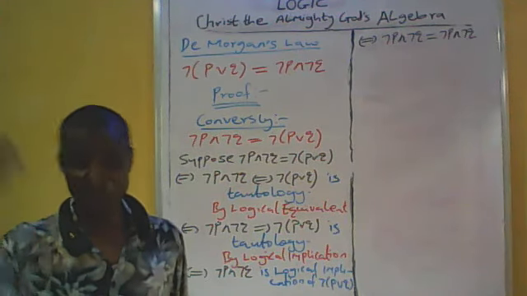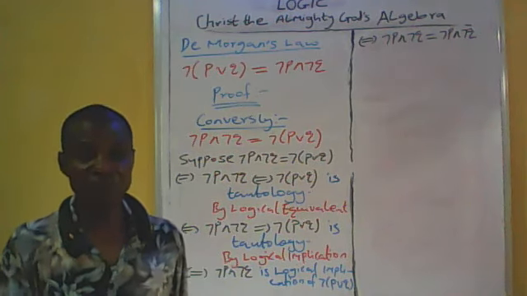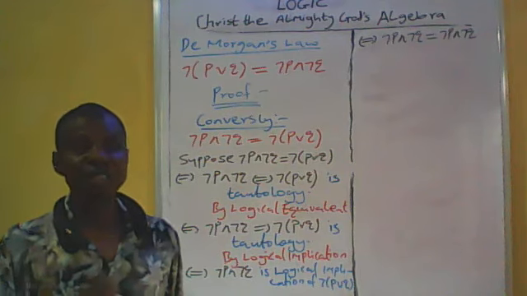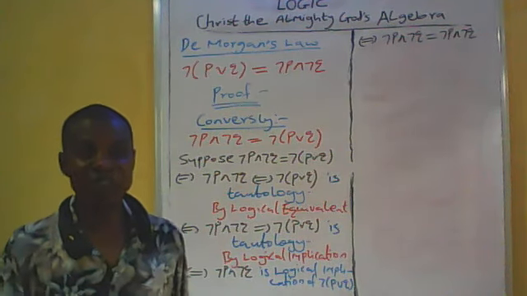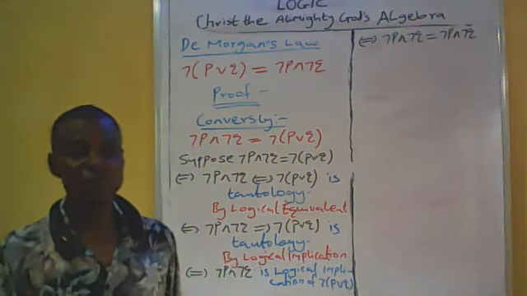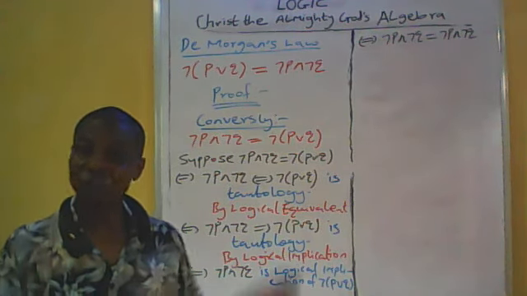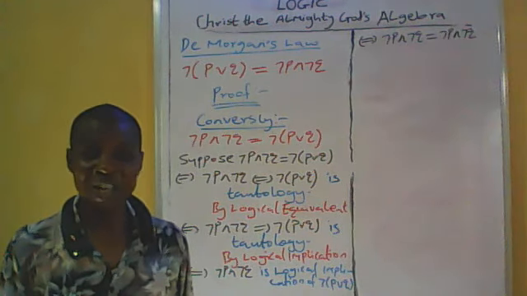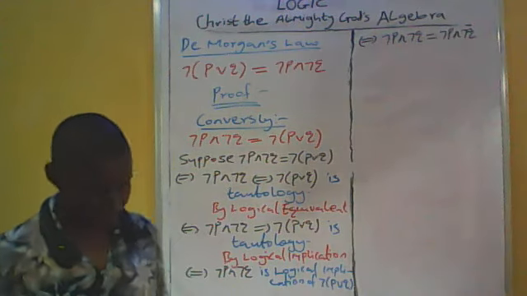That means it's logical equivalence, because whenever the left side of the logical implication is true, the right must also be true. In the same vein, whenever the right is false, the left must also be false. They say it is logical equivalent and it is true, being justified by identity. That means the sameness.